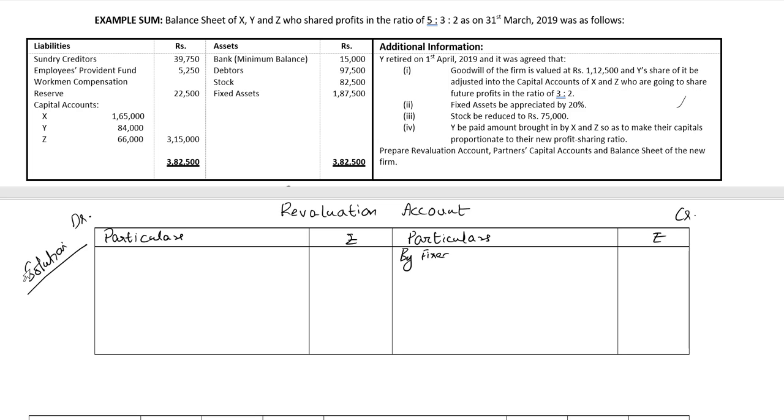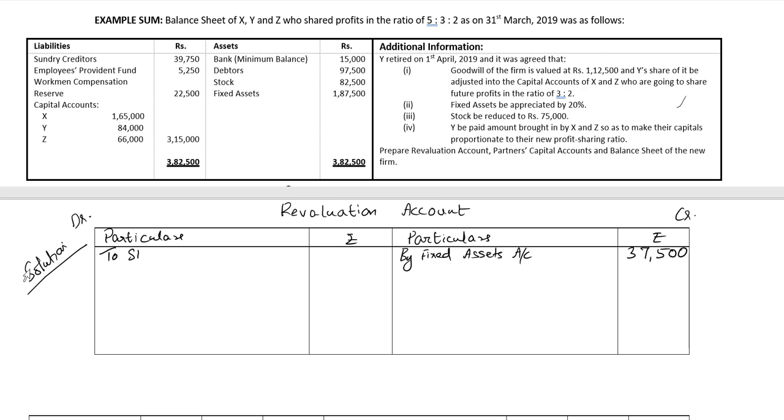By fixed assets account, ₹37,500. Third point, stock be reduced to ₹75,000.